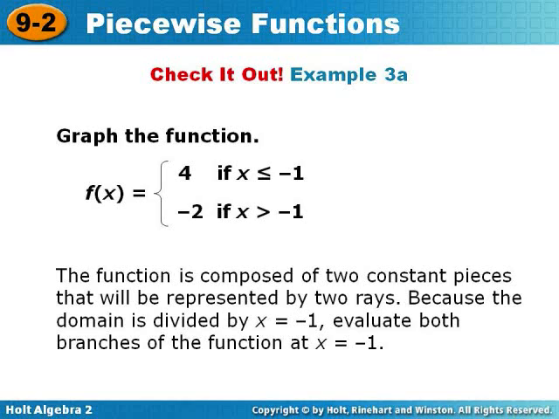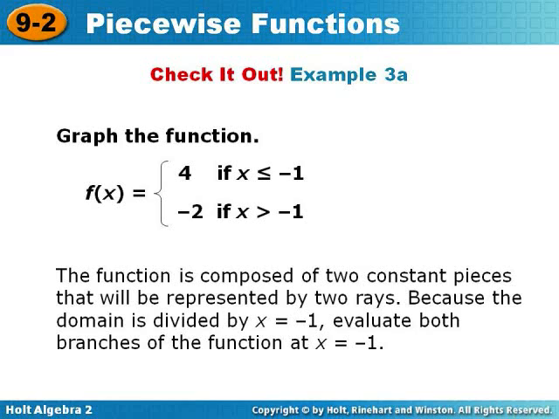So if you look at the first one, x is less than or equal to negative 1 when f of x is 4. So you're going to go to negative 1, comma 4, and since it's equal to, you'll put a filled-in circle. Less than means the ray will go to the left. Then you have f of x equals negative 2. So you go to negative 1, comma, negative 2.